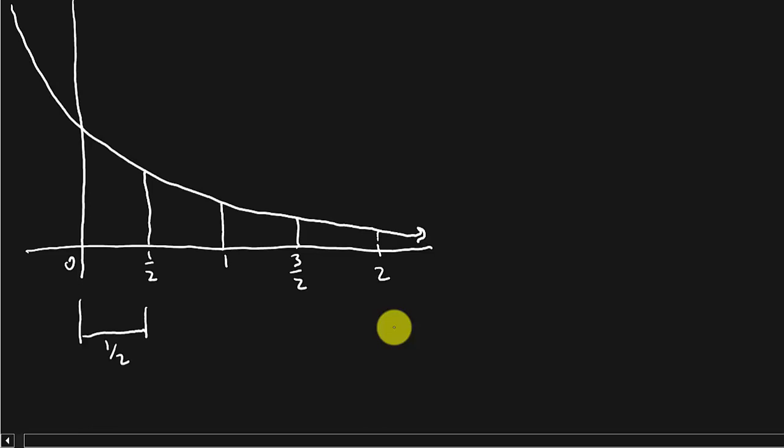Now, what did it say to use? It didn't say use left endpoints. It didn't say use right endpoints. It said use midpoints. So I'm going to do this in a little bit different color. We are going to the midpoint of each interval. See that? And I need these values here because look, let's draw our rectangles in there.